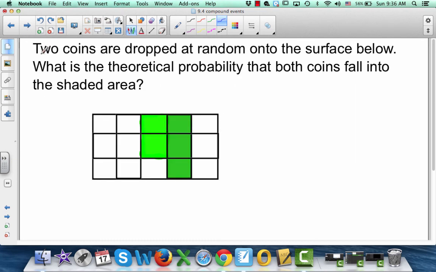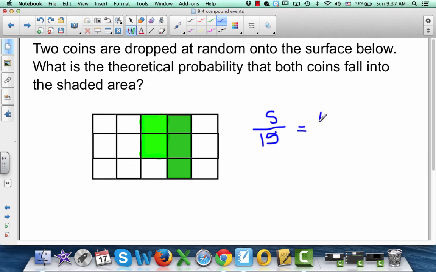All right, 2 coins are dropped at random onto the surface below. What is the theoretical probability that both coins fall into the shaded area? Well, there are 1, 2, 3 by 1, 2, 3, 4, 5 blocks. So that's 15 blocks. And there are 5 shaded ones.